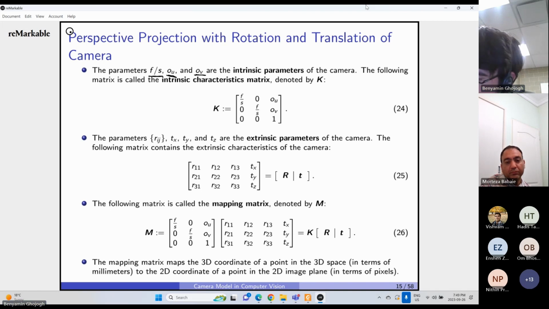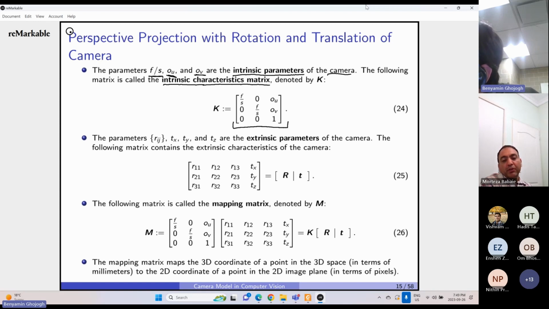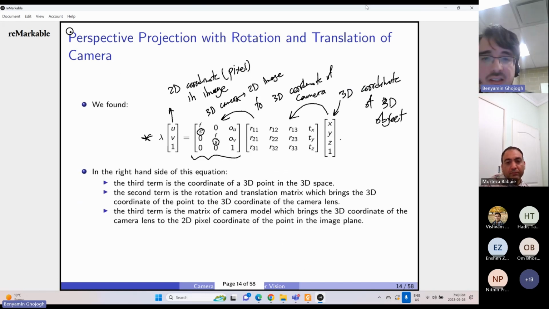These 3 or 4 parameters are called intrinsic parameters of the camera. Therefore, we name this matrix, which has these parameters, the intrinsic characteristics matrix, and we denote it by K. We had this matrix here. This is K, right?